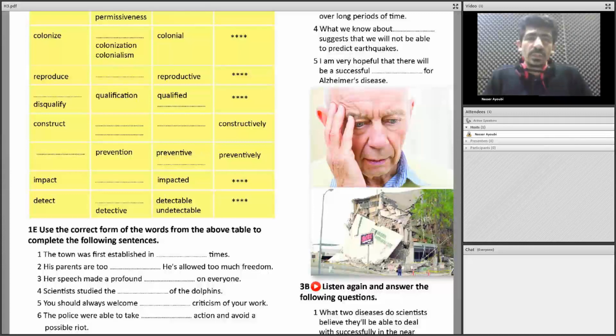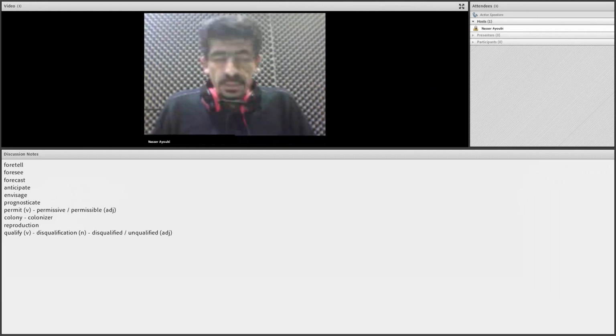Again, you have to notice the difference in pronunciation. Construct is the verb, construct is a noun. And the adjective can be constructive, and the adverb is constructively. Constructive means useful, helpful. Its opposite is destructive. Destructive comes from destruction, the opposite of construction. And the verb destroy is the opposite of construct.